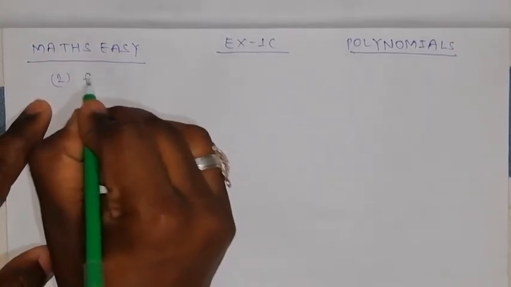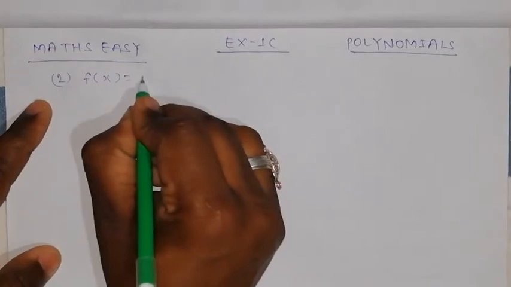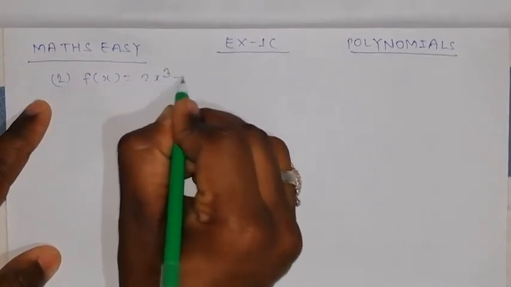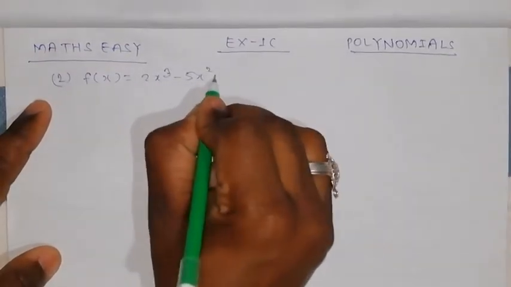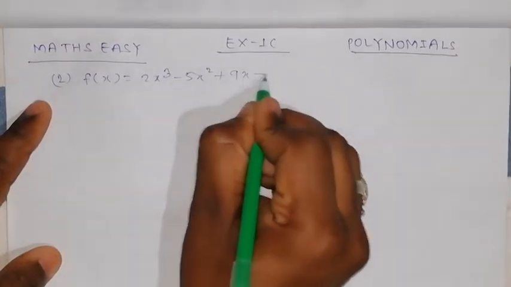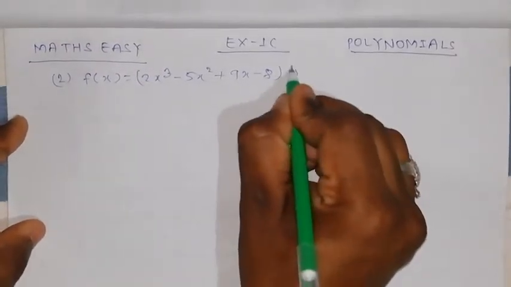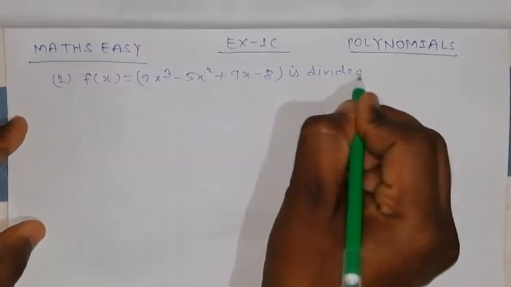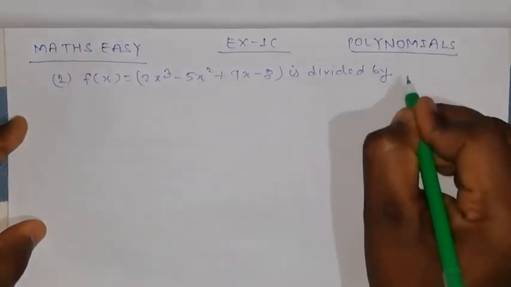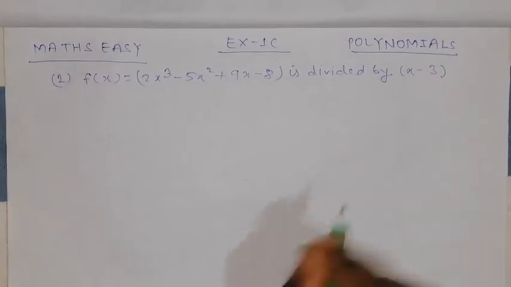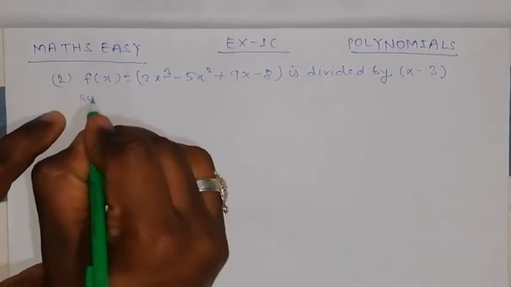Here, suppose f(x) equals 2x cube minus 5x square plus 9x minus 8 is divided by x minus 3. And what is the solution?